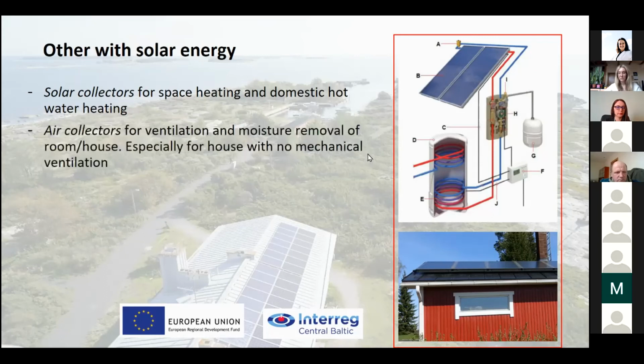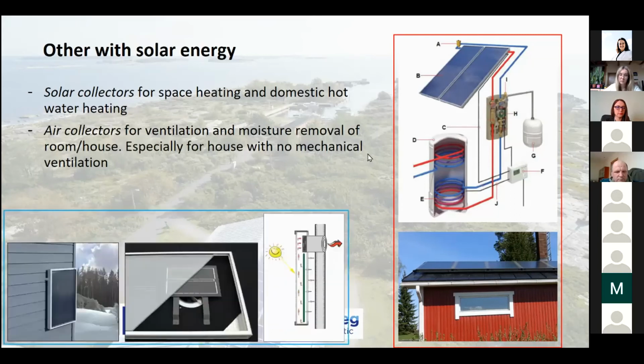Then there are air collectors, which are very simple devices. They can be used for ventilation and moisture removal of a room or house, especially good for houses with no mechanical ventilation. So they change the air and dry the air a bit. This is how they look.